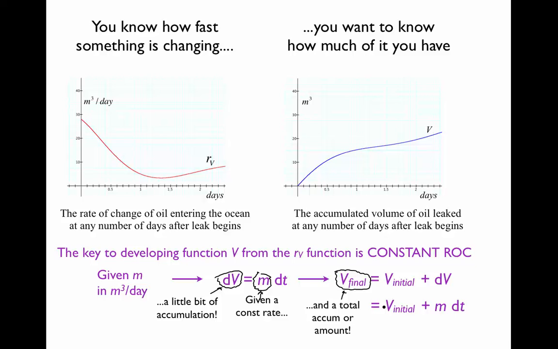So do you see how all this stuff that we've been doing, constant rate of change, dv equals m dt, v final equals v initial plus dv, is the key? If you know the constant rate, you can get a little bit of accumulation, and you can get a final amount, or a total amount of accumulation. So these are our tools that will allow us to develop an accumulation or an amount function from a rate of change function.